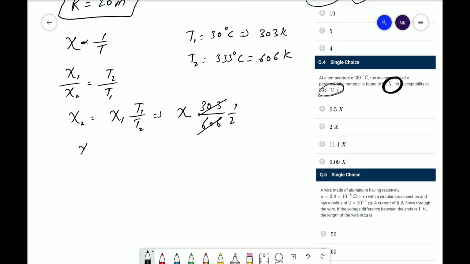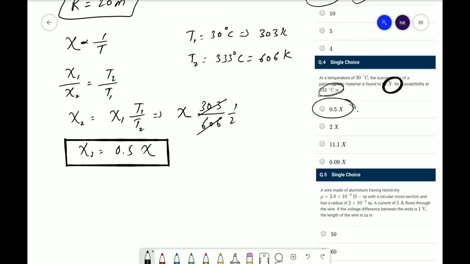Therefore chi 2 is equal to 0.5 chi. Okay, if you will increase the temperature up to 333 degrees Celsius, means 606 Kelvin, then the magnetic susceptibility will be half. Therefore the correct answer is A.